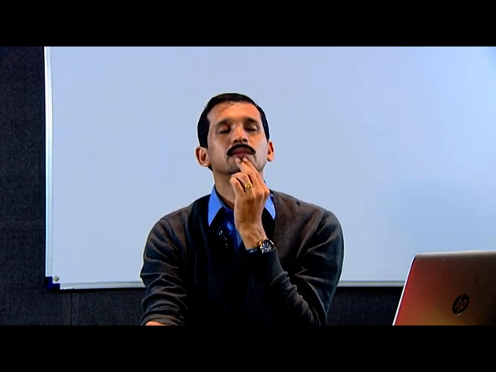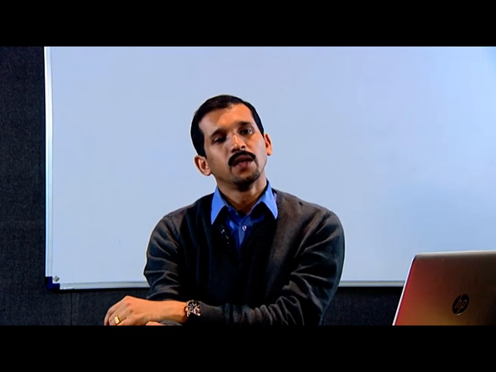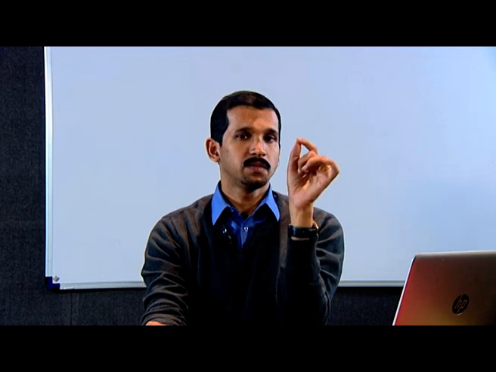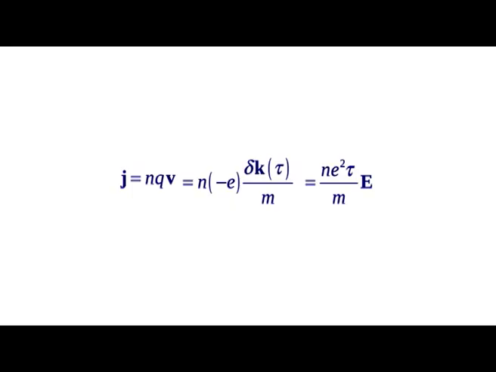In that case, the current density which we needed to calculate, we have done this in the earlier case of classical modeling also. The current density will be equal to nev, where n is the particle density, so n into charge, nev, which will come to be equal to n e squared tau E by m.